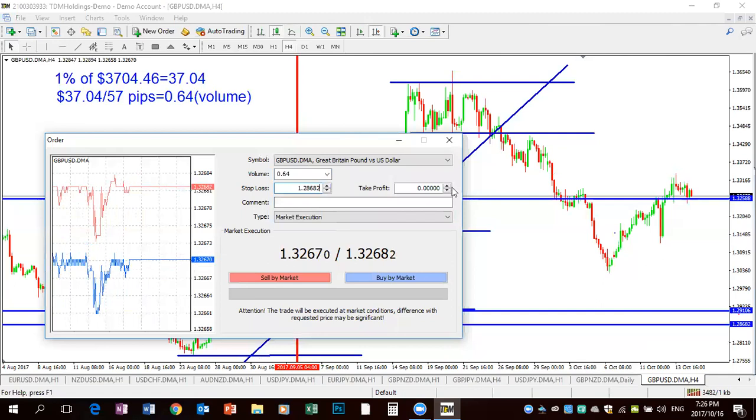Then my take profit will be 1.36588, and I would have clicked buy market. Now the market, this is all information that we have been analyzing, but it would have triggered my entry and I would have bought.